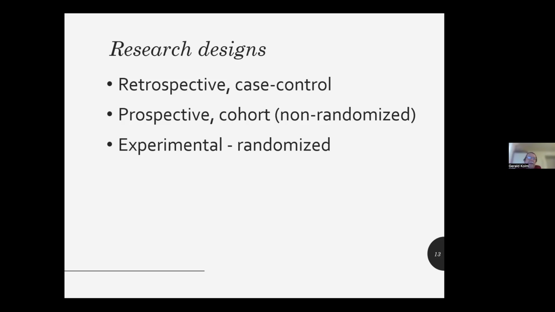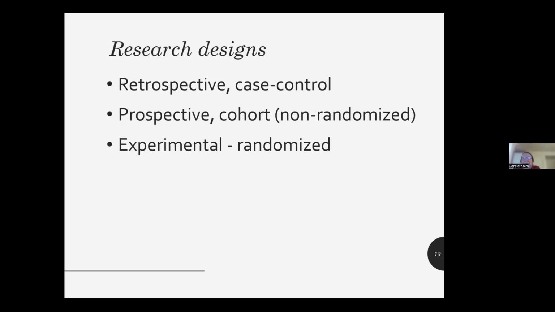And then finally, the strongest design as far as getting at cause and effect is the experimental design, where we actually randomize subjects or patients to, say, treatment groups. In our cancer study, maybe we have 2 different treatments, and we randomize patients to one treatment or the other. So we would have a comparison of the 2 groups where we have randomized patients.